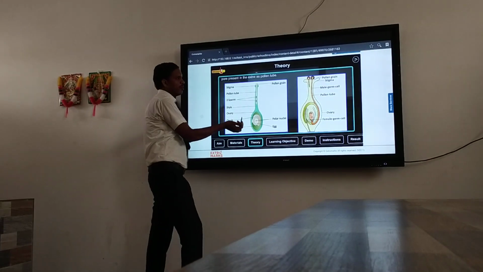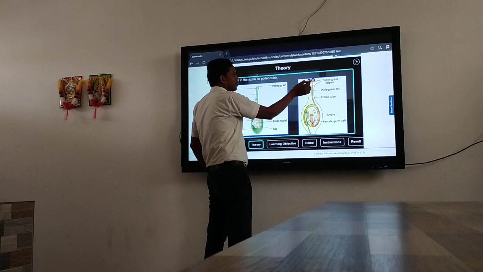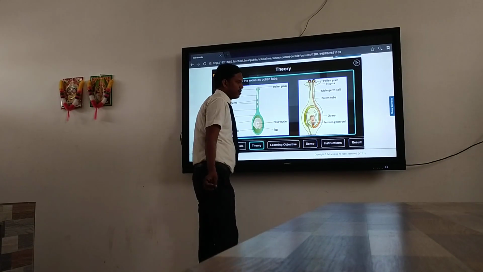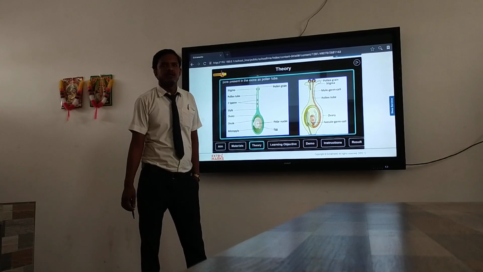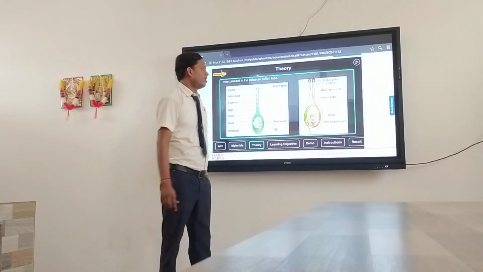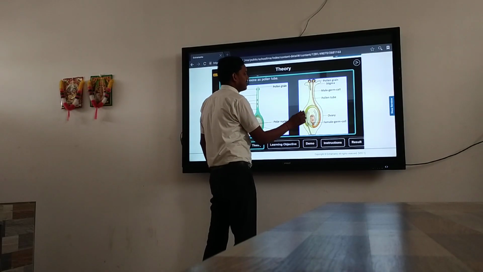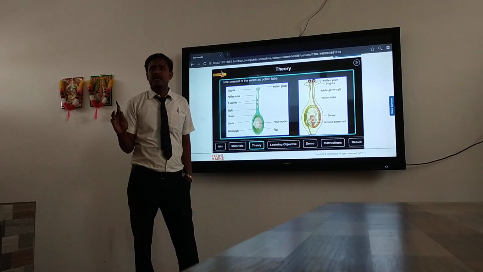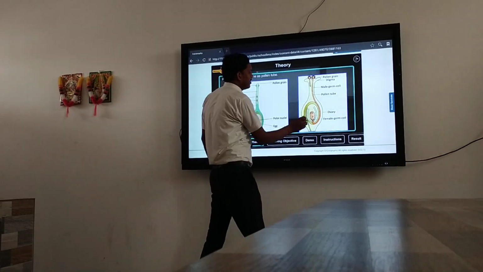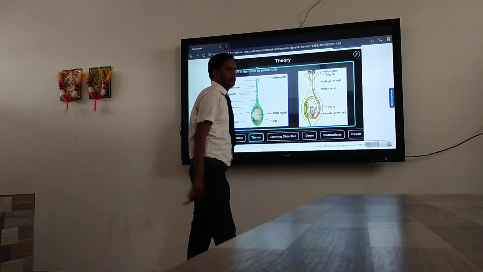On completion of the process, you will see this pollen tube grows, and there is a region known as the chalazal region, or micropylar region, in the structure of the ovary. This region has the filiform apparatus that is going to guide the pollen tube to make its entry inside the ovule.